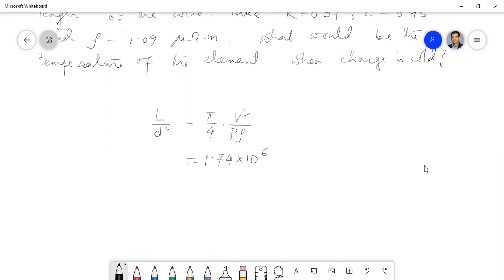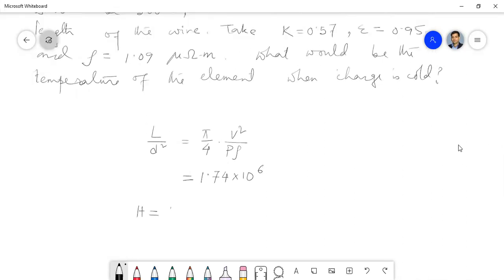Now you have to find H, because that will be required for equation 6. Now for H, what values do we need? We need 5.72, which is already there. We need the value of K, which is given in the problem. Epsilon is also given in the problem.